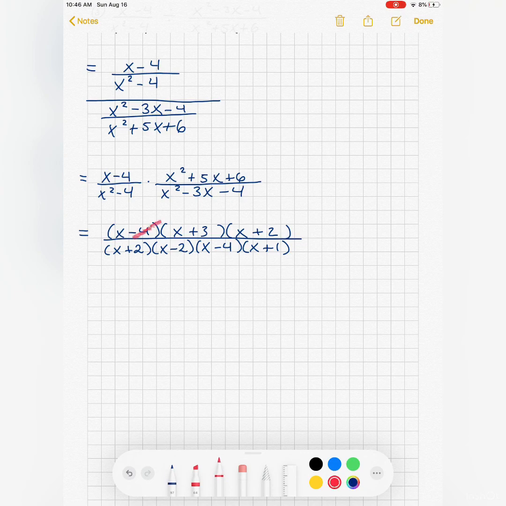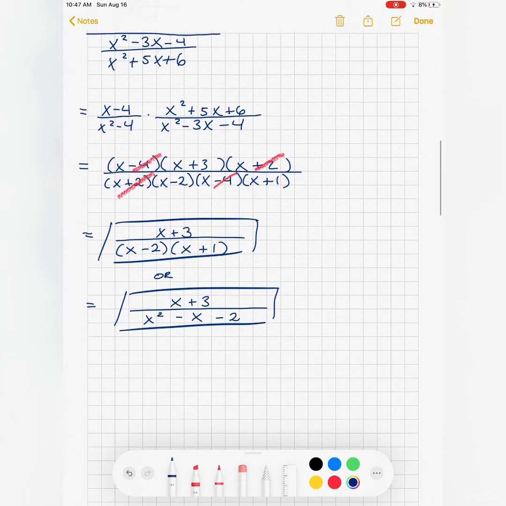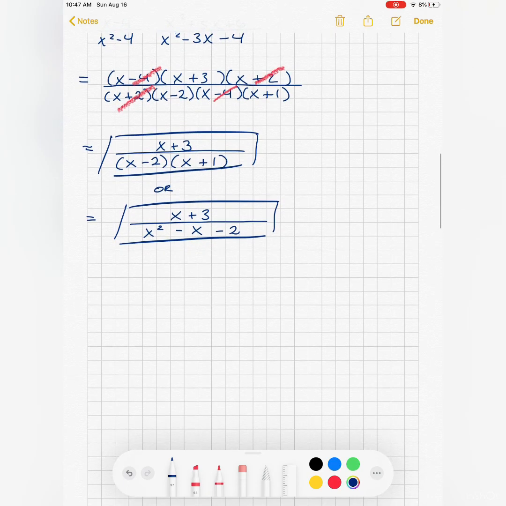Great, so then any cancellation, that one, and that one. So I'm left with x plus 3 in the numerator, and then x minus 2 times x plus 1 in the denominator. So I would leave it like that. If you want to do the FOIL, you can. It doesn't matter. Usually the factored form is nicer to work with.